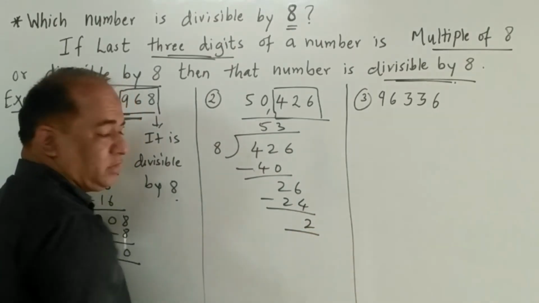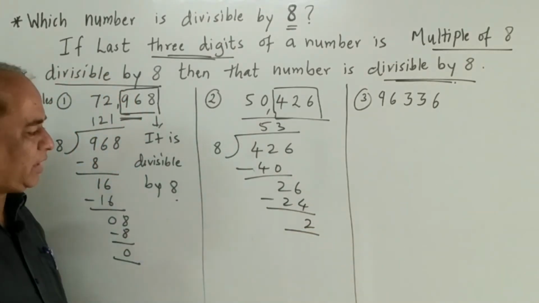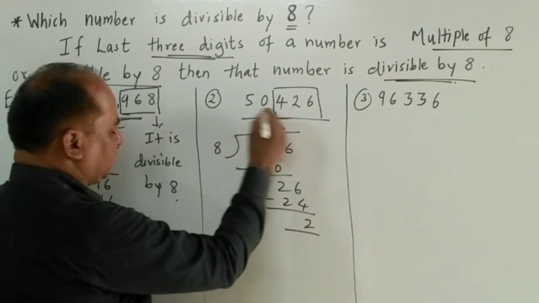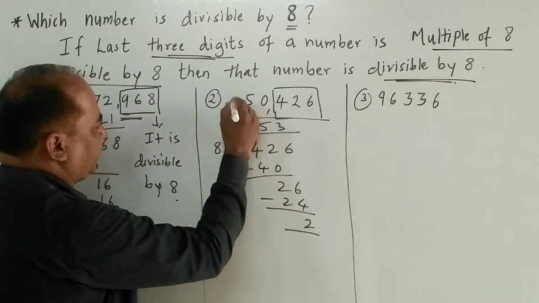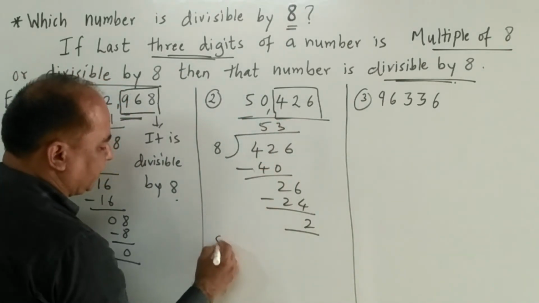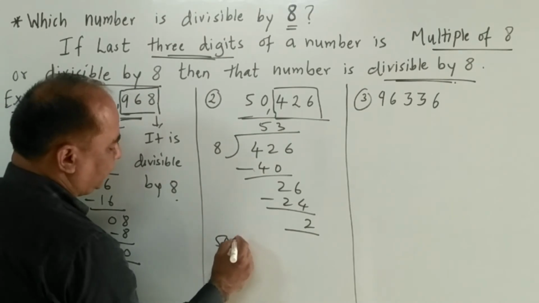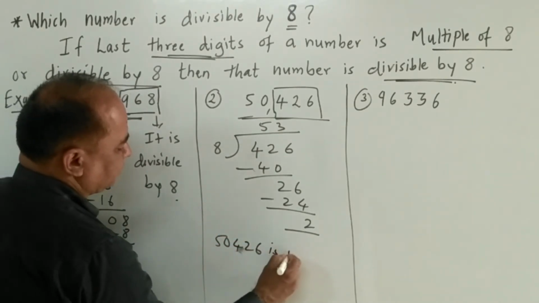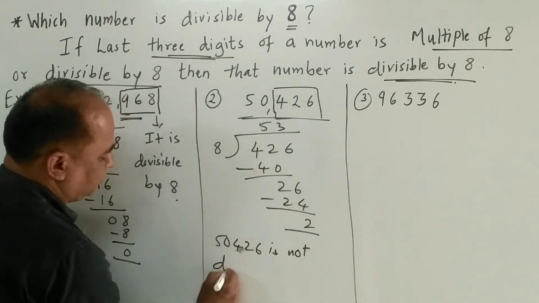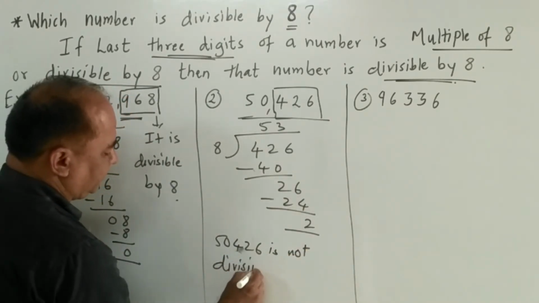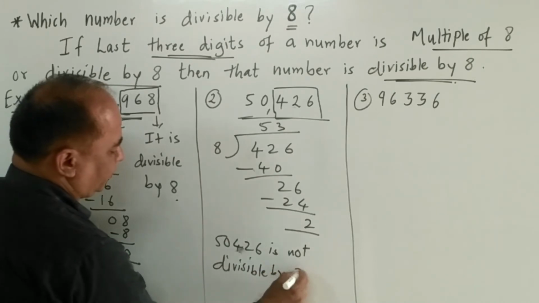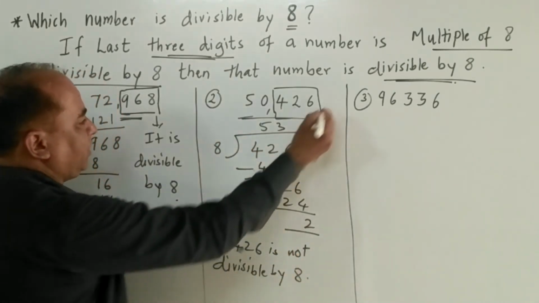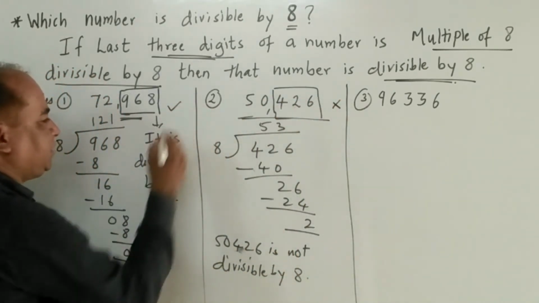Remainder is 2 here. So it is not completely divisible by 8. So this number 50,426 is not divisible by 8.